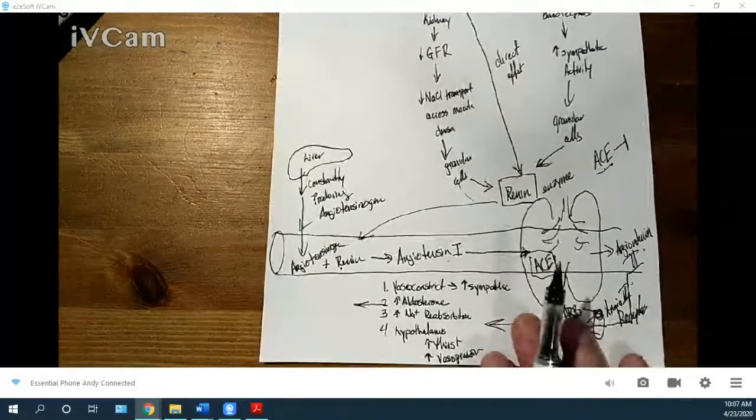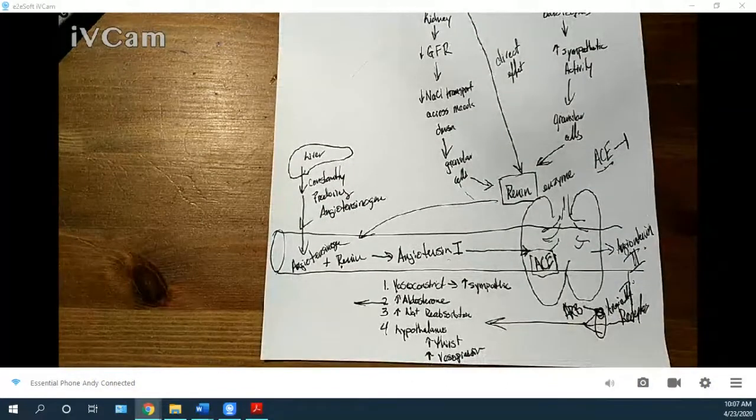So that's neat, but we did talk about aldosterone in chapter 11. So I wanted to go a little bit deeper on that and talk a little bit more about what happens to the aldosterone.